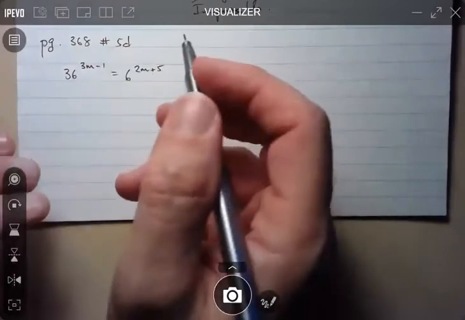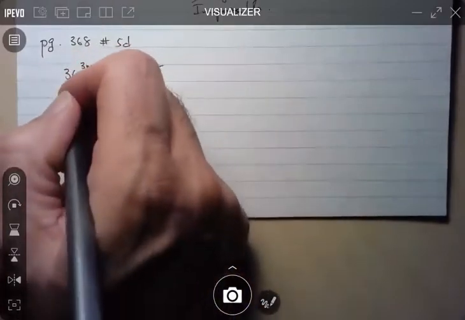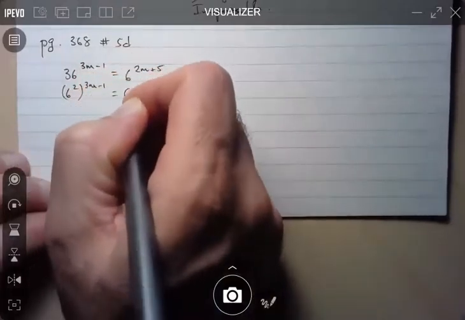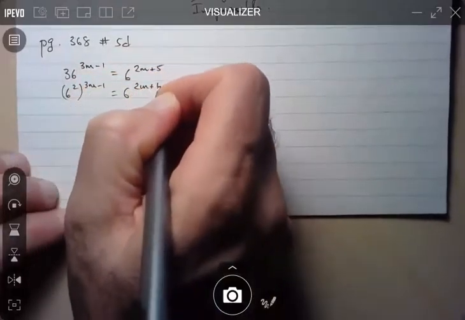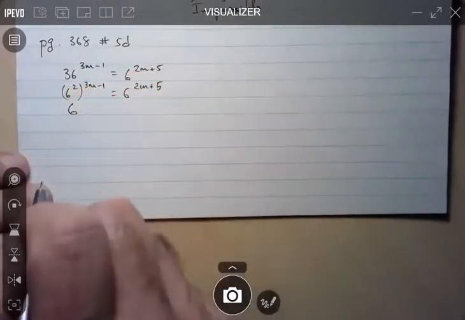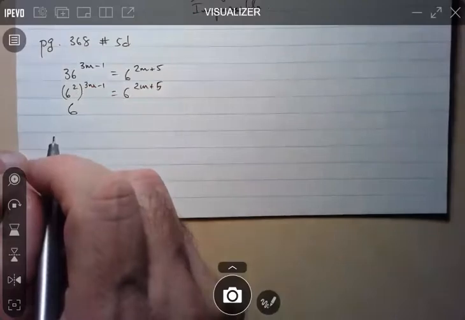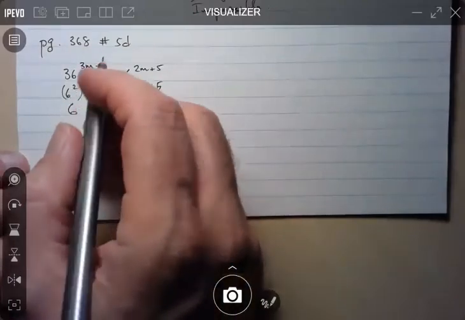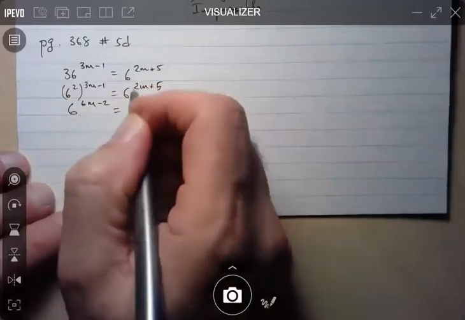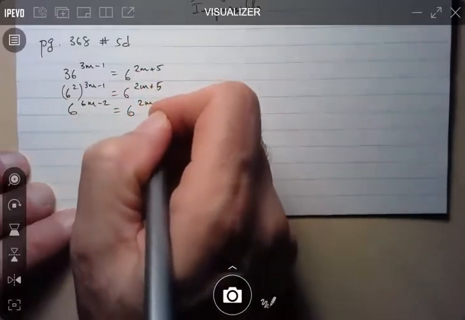But like I said, I don't even need to use logarithms at all here, because I notice that 36 is 6 squared. Okay, and then this can be reduced using the third law of exponents. So this is going to be 6 to the 2 times 3m minus 1, which is 6 to the 6m minus 2. And this is 6 to the 2m plus 5.